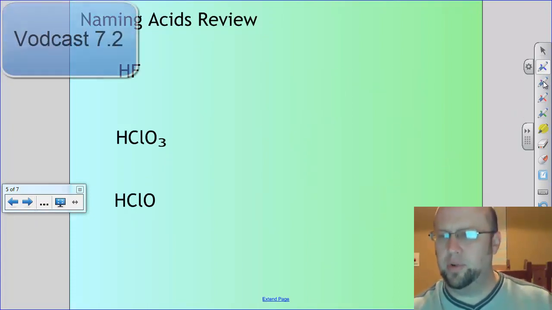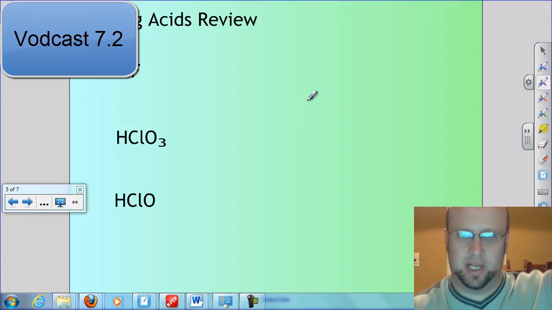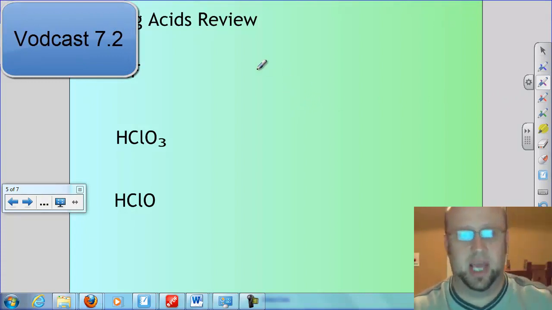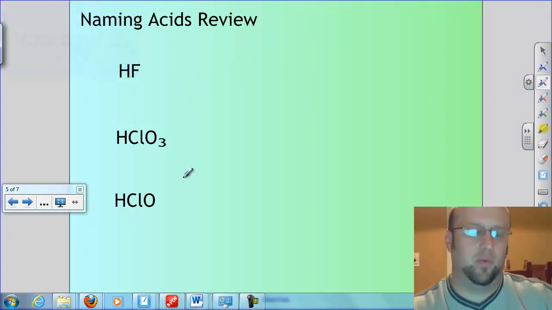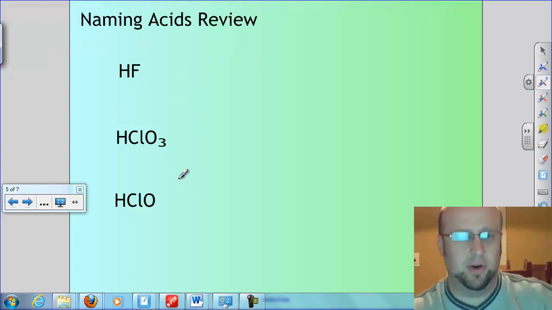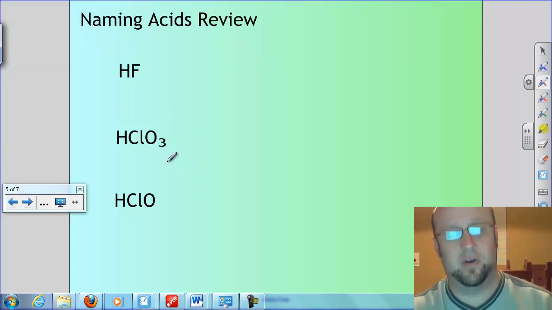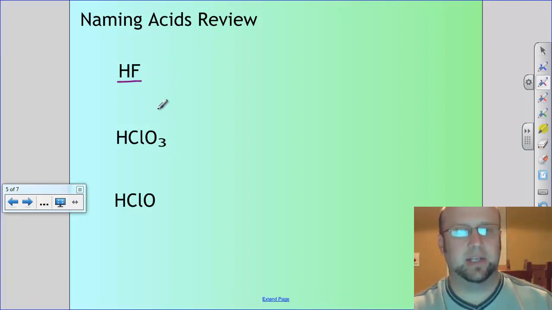I want to real briefly jump back to something that we covered in vodcast 7.2, which is naming acids. I'm going to run through these pretty quick, so if this doesn't seem familiar, you need to go back and watch the end of vodcast 7.2. But here's the way it works. If it is a binary acid, meaning that there are only two things in it, hydrogen and then whatever else it is, then we name the anion, that would be the F, so fluorine.